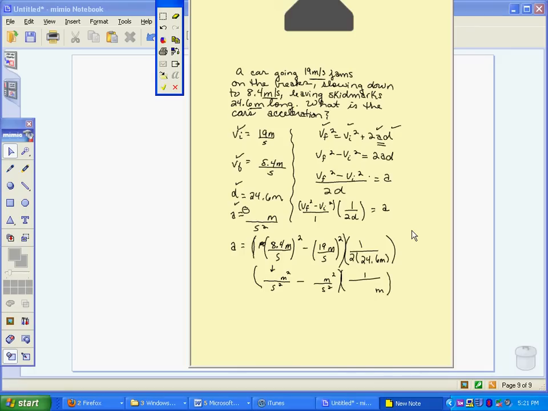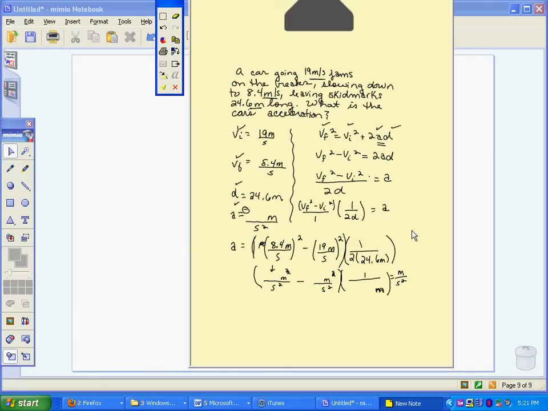So my answer, I'm going to be able to cancel out a squared up here where you see meters squared with this meters down here. And I'm going to end up with meters per second squared. Now, is that what I want? Yes, it is, because acceleration is going to be in meters per second squared.